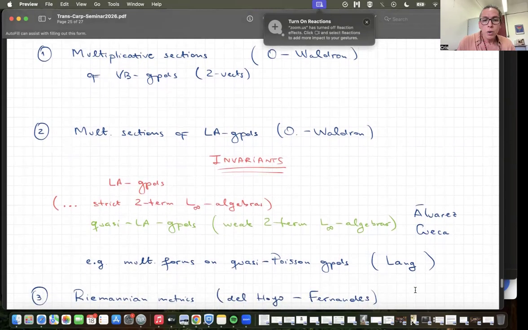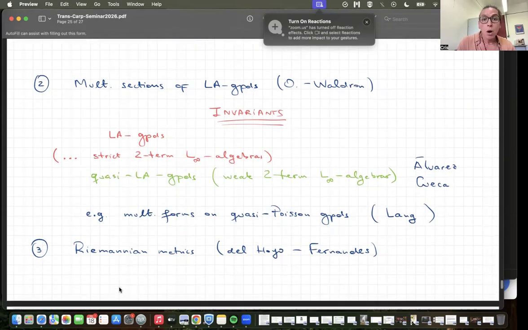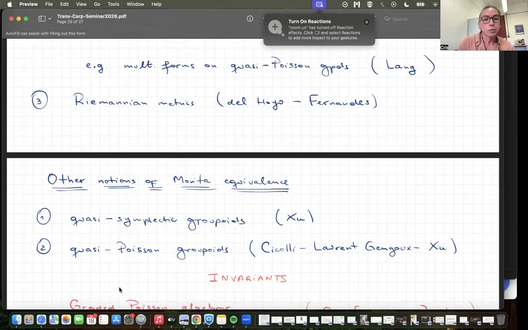Other types of invariants were described by Matias del Hoyo and Rui Fernandes, when they introduced Riemannian metrics on groupoids. These are examples of Morita invariants. And there are other notions of Morita equivalence that I want to tell you about.